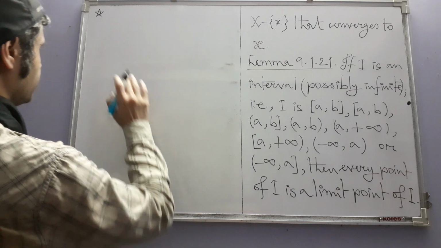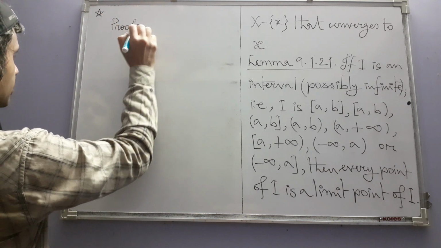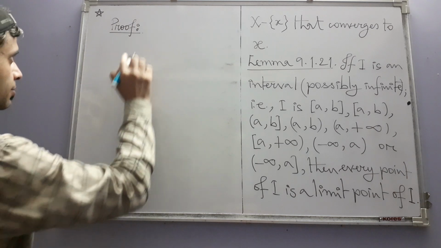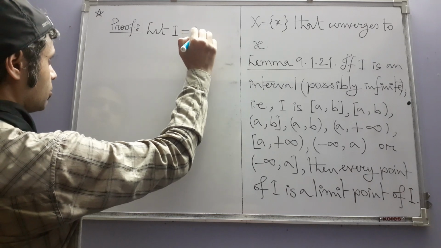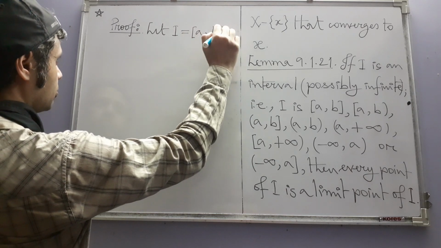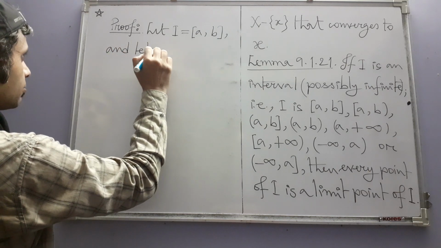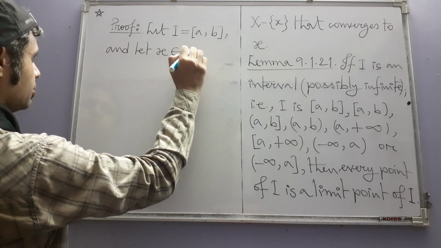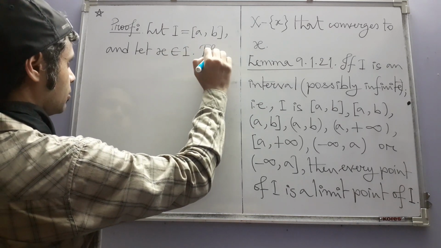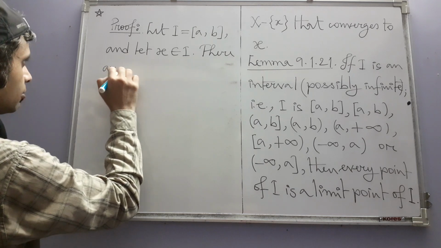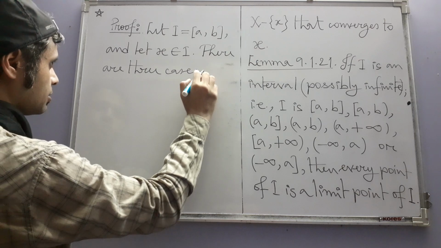And I'm also going to give just a hint of the proof. It's already there in the text. Let x be an element of I. Then there are three cases.